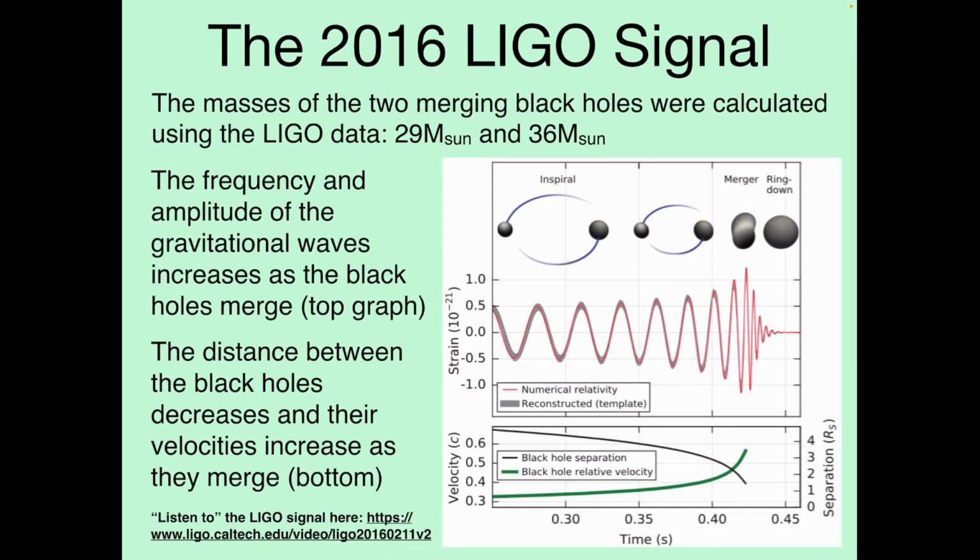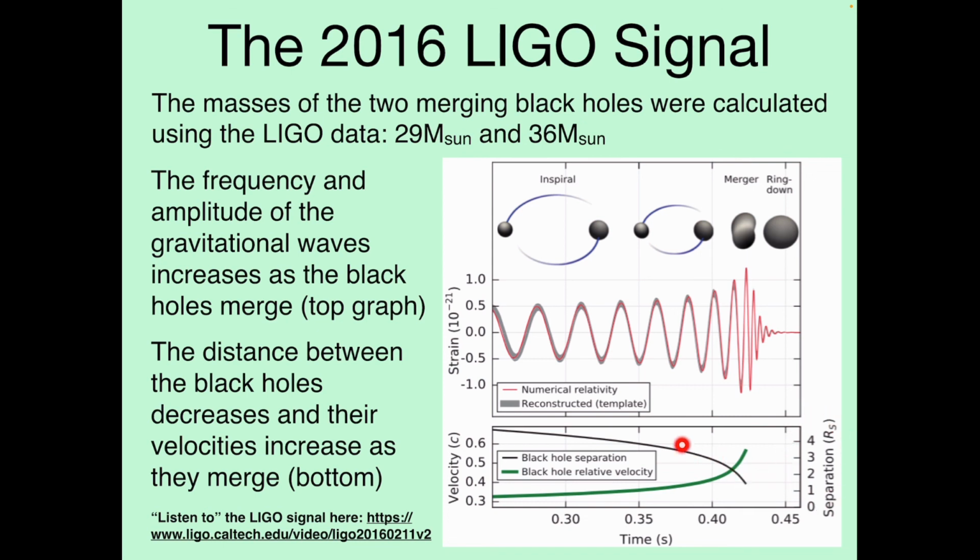Now, based on that data, scientists were able to reconstruct how the velocity of the black holes and the separation of the black holes changed over time. So that's what we see in this bottom graph. On this axis, we have velocity, which is given as a fraction of the speed of light. And on this axis, we have the separation of the two black holes.